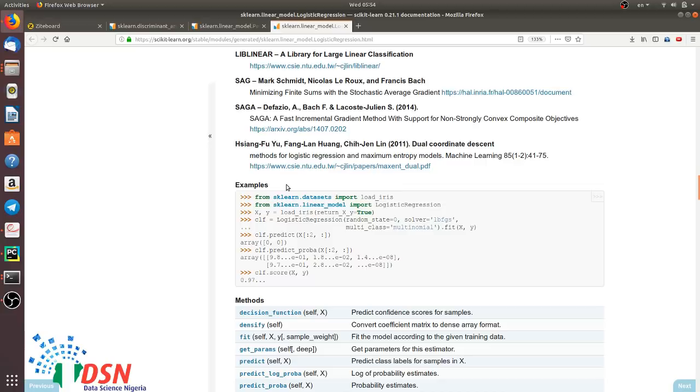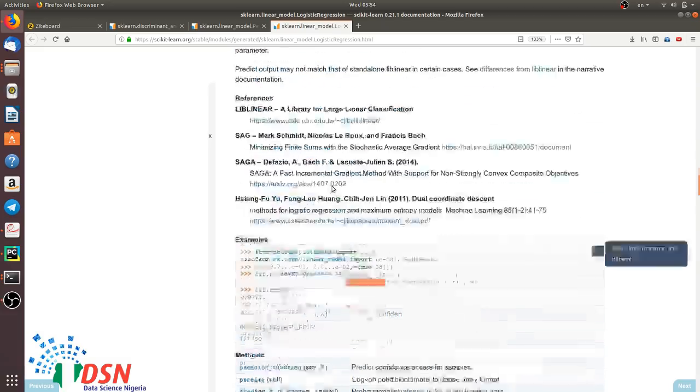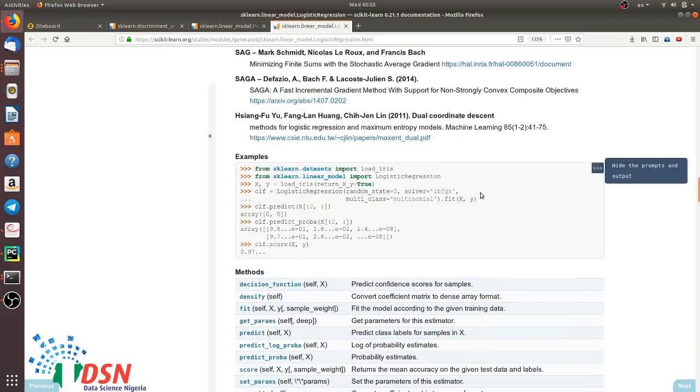And for logistic regression, also you could import that from linear models. Then there is a sample from the Iris dataset. Because it is a multi-class problem, you should write multinomial for multi-class, and then you could fit your model on your training data and then get the probability of your inputs.